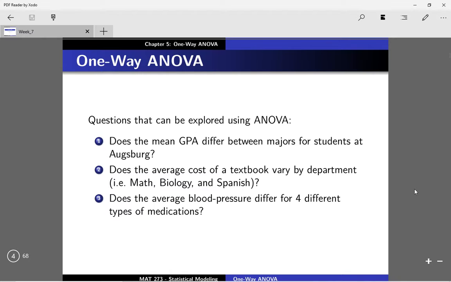And lastly, sort of like a public health question we could answer: does mean blood pressure differ for different types of medications? So say we have 4. Our categorical predictor would be the medication that we're considering, and then the response is the blood pressure. Okay, so these are all questions we could answer with a one-way Anova.